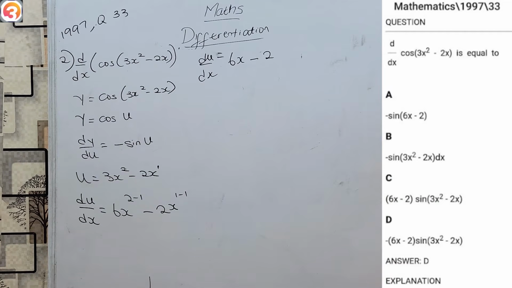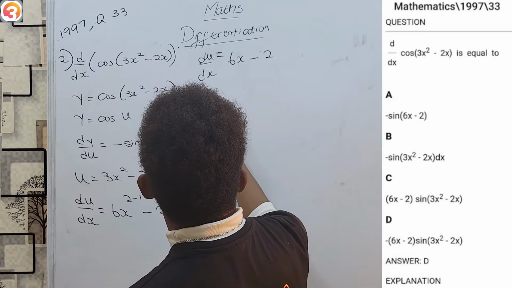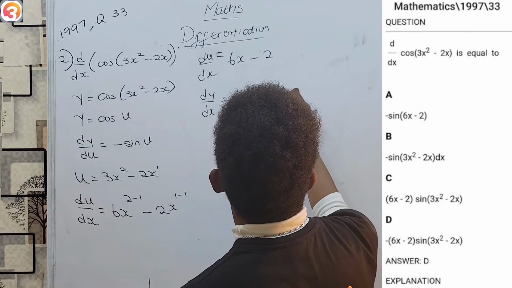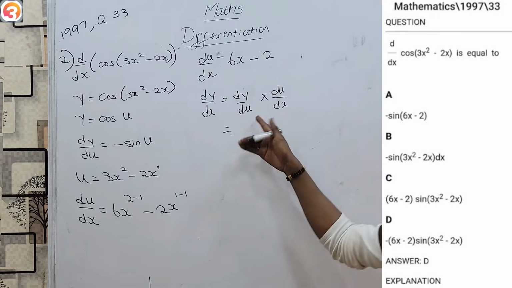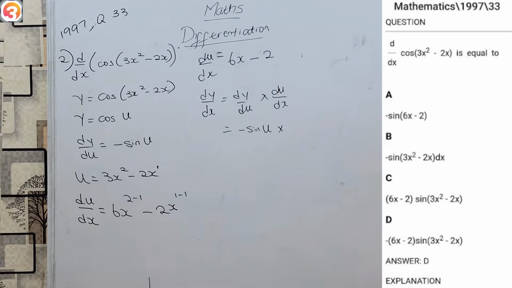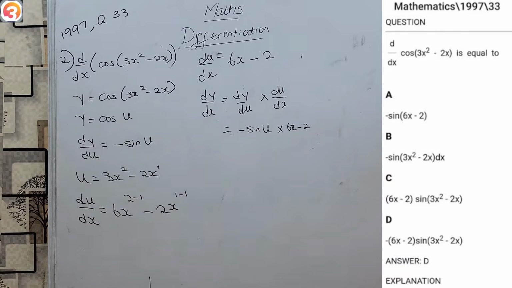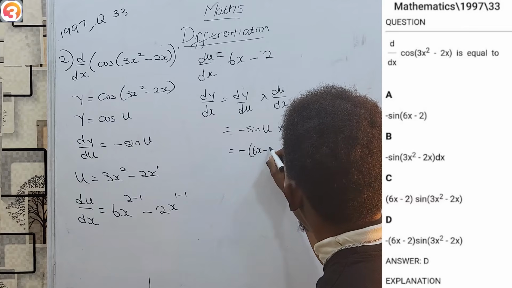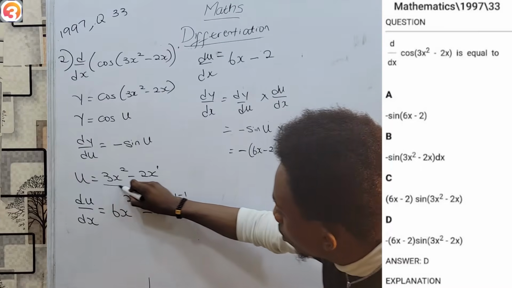So now I know du/dx and I know dy/du. And remember, if we ever substitute, dy/dx must be dy/du times du/dx. Do I have both of these already? Yes. dy/du is minus sine u, and du/dx is 6x − 2, which means I'm having minus open bracket 6x − 2, then sine u.